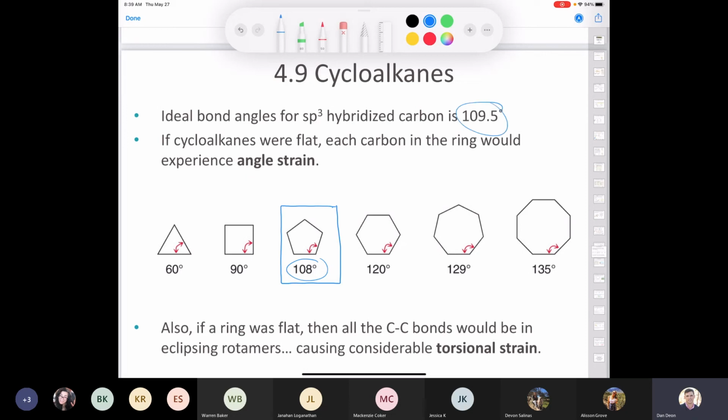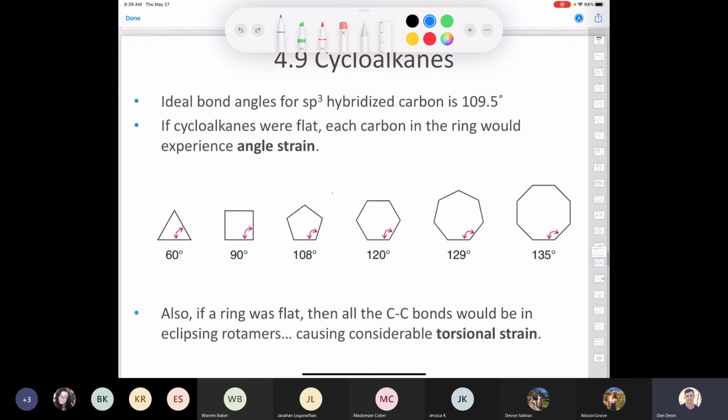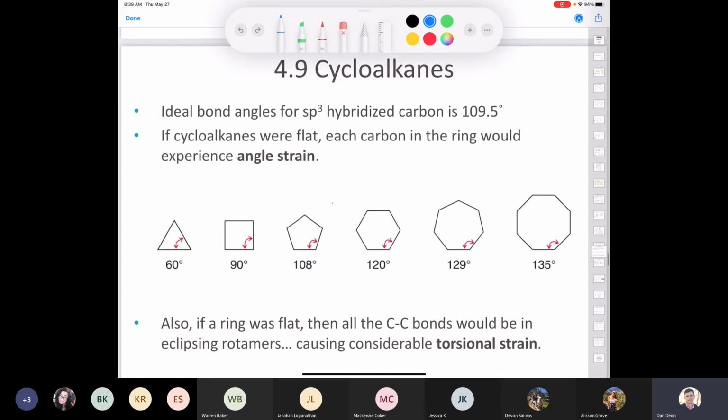Now, there's a serious problem with this. What they were doing wrong was assuming that these cycloalkanes were planar, and they are not planar. We know that molecules are three-dimensional. If the ring was flat, all of the carbon-carbon bonds would have eclipsing rotamers, like the eclipsing hydrogens and methyl groups we looked at. If these were planar, everything would be eclipsed and super high in energy, but we alleviate that torsional strain by adopting a three-dimensional shape.